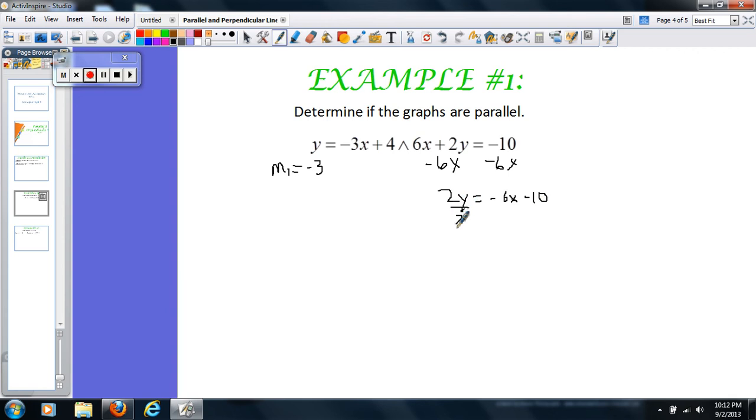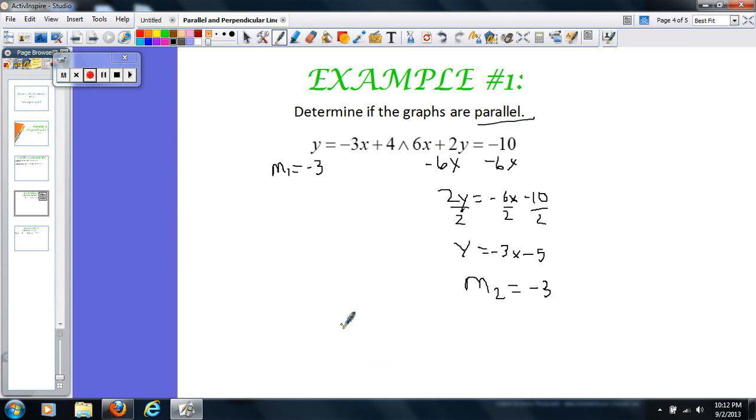Now I'm going to divide by 2, and I get y equals -3x minus 5. This has a y-intercept of -5, and the first one has a y-intercept of 4. They do have the same slopes because my m2 here is -3. So these are parallel lines.